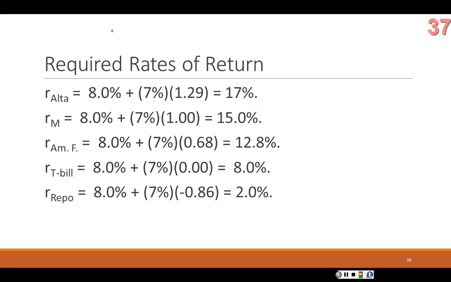So we have our required return for our stock of interest, and that's equal to the risk-free rate plus the market risk premium times beta. So here we said that the risk-free rate was 8% and the market risk premium was 7%.